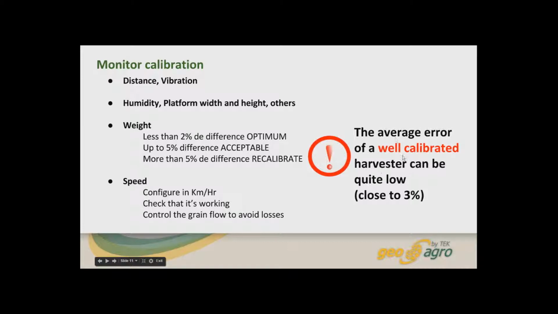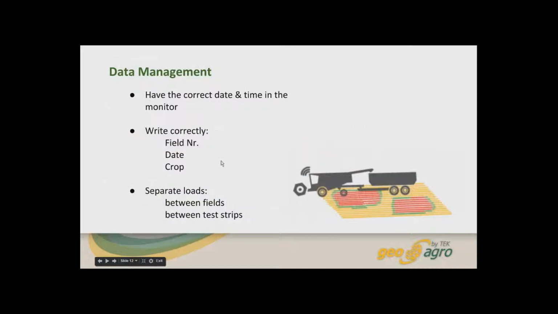So in summary, the average error of a well-calibrated harvester can be quite low, close to 3%, and that's what we're shooting for. And something very important to take into account at the beginning of every harvesting season: take maybe a few hours before we start to do this calibration task.